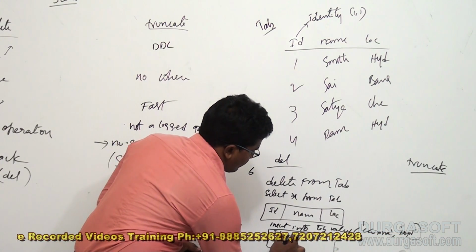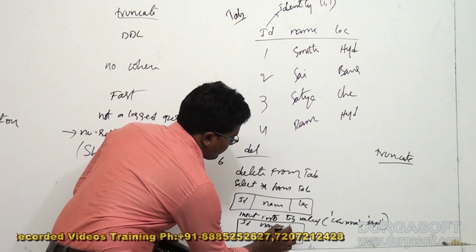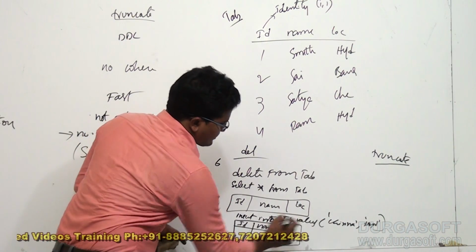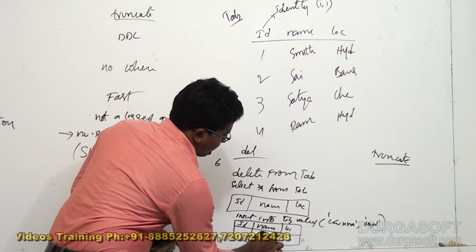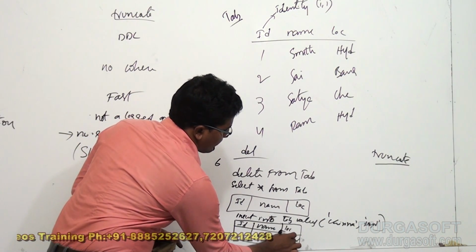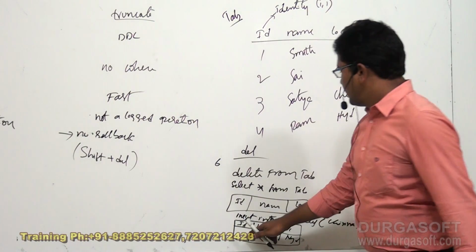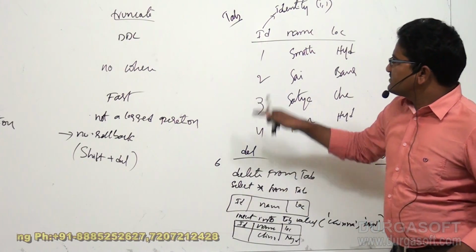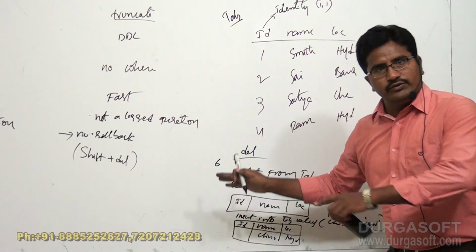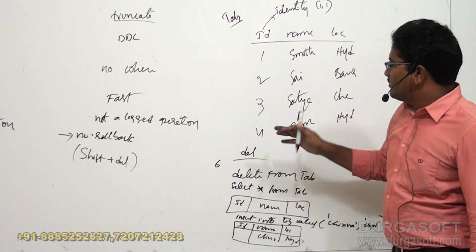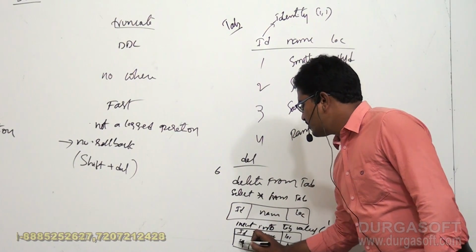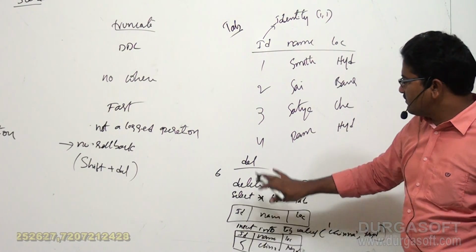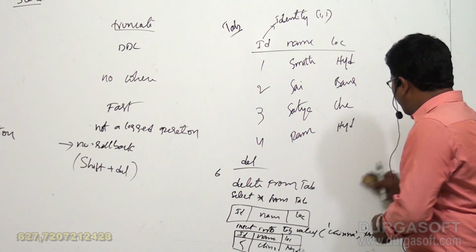We have ID, name, and location. I am giving Chinna and Hyderabad. Now what is the value for ID? Does it take 5 or does it start from 1? Does it continue with 5 or start with 1? It continues with the value 5. Here it takes 5 in the case of delete. In the same case, what happens with the truncate?